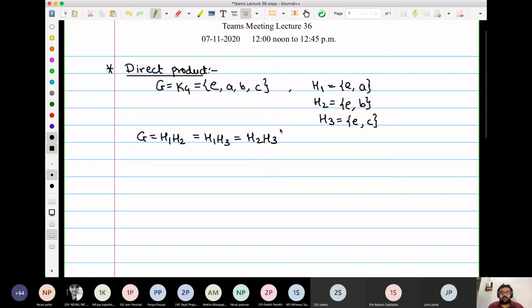So this is not unique. Yeah, the subgroups may not be unique, so they can be expressed in different forms. And what we had seen is that G is also equal to H1 H2 H3.